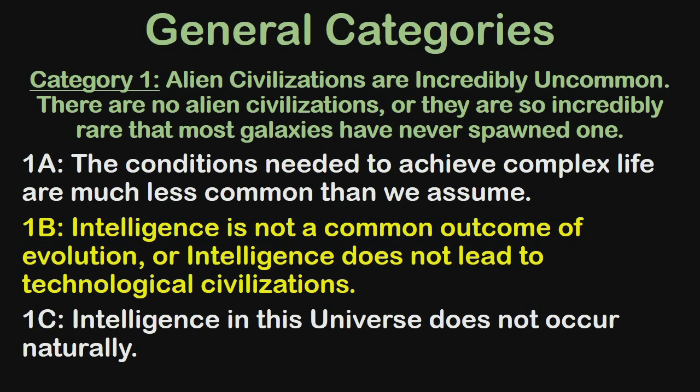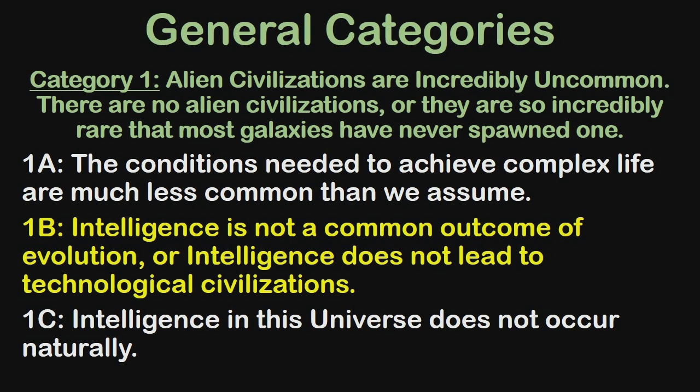Category 1b. That intelligence or technological civilizations are rare isn't necessarily separate from Category 1a, since it can be additional layers of filtering, but it is distinct in that it argues that technological civilizations may be a freak anomaly and not an inevitable end goal of evolution.